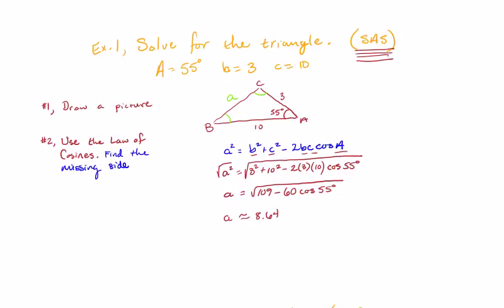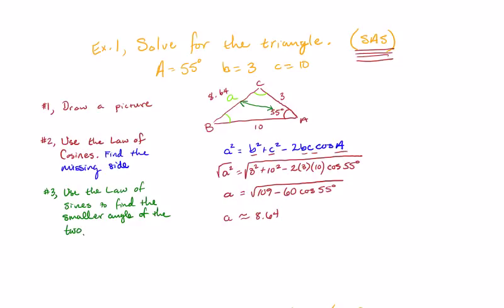Alright. Now that we know that side A is 8.64, take a look. Now you have a complete proportion, or a complete fraction, and so you're thinking law of sines. So I'm going to switch up and use the law of sines, but I'm going to be strategic about this. I'm going to use the law of sines to find the smaller angle of the two that are remaining.